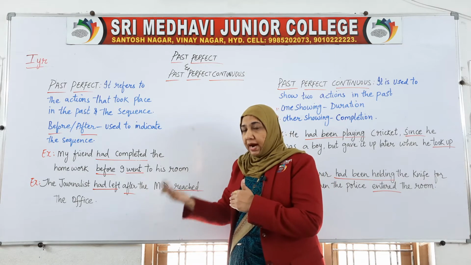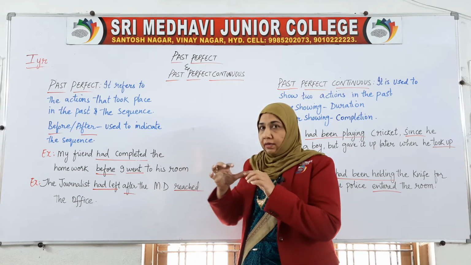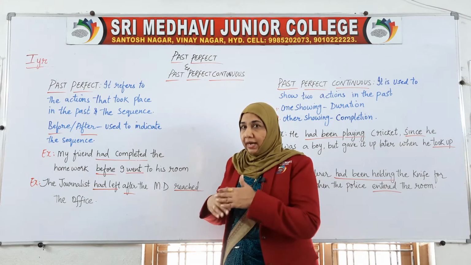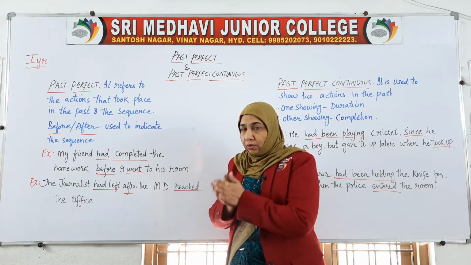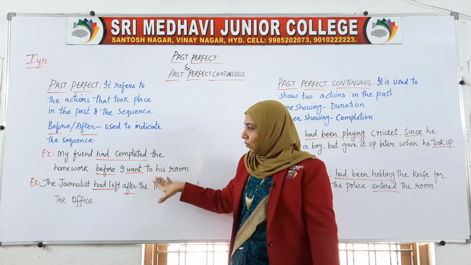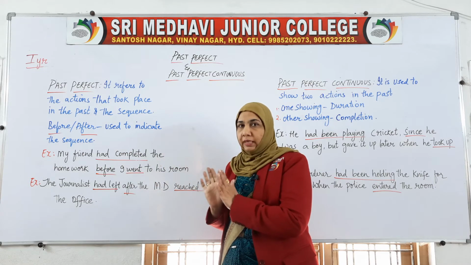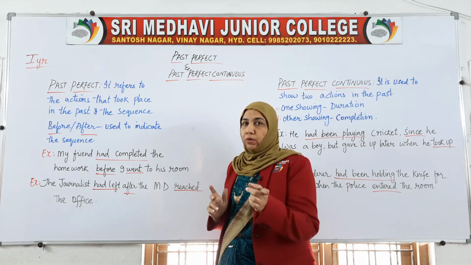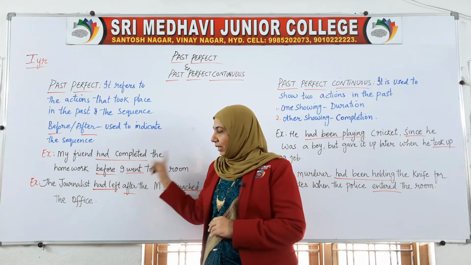When I went to his room, I found he had already completed his homework. So that was the meaning, and we use had with the past participle form of the verb to denote the past perfect tense, like here, had completed.